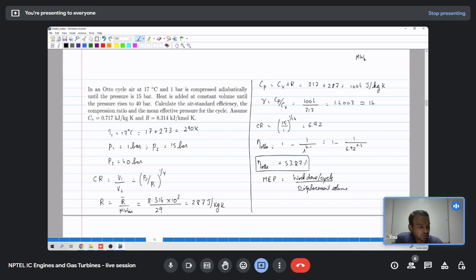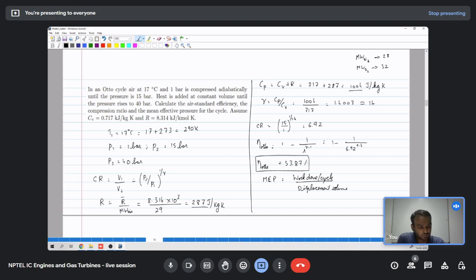Yeah, molecular weight of nitrogen is 28, right? And molecular weight of oxygen is 32. I don't remember the exact value finally. Maybe it is 28.9 or 29.9. But anyway, even if it is 30, I remember this 287 is almost the same, and this CP is also around 1005.